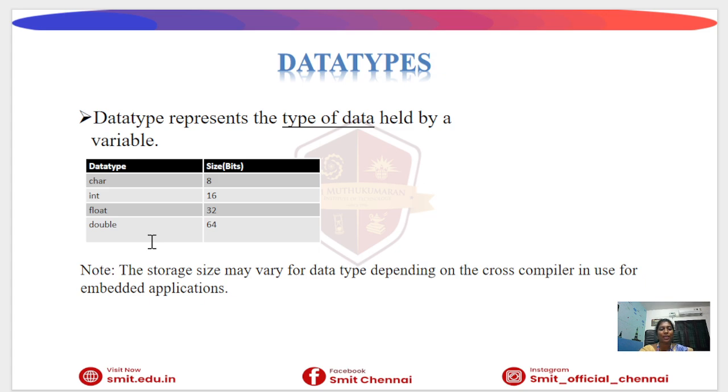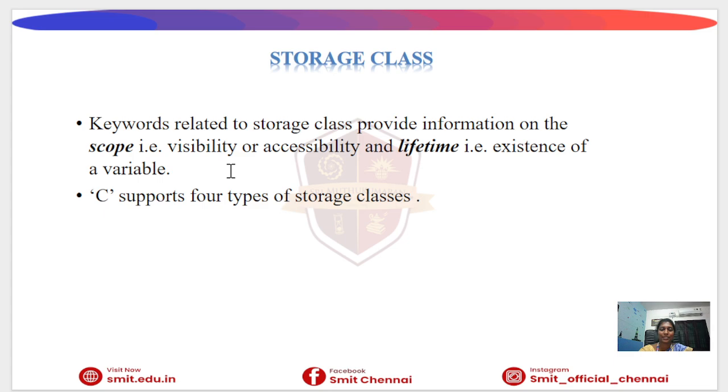The important note is that in embedded systems, the size of the data type may vary depending on the cross compiler. We compile one program for another device, that is a microcontroller, because different microcontrollers have different memory sizes.